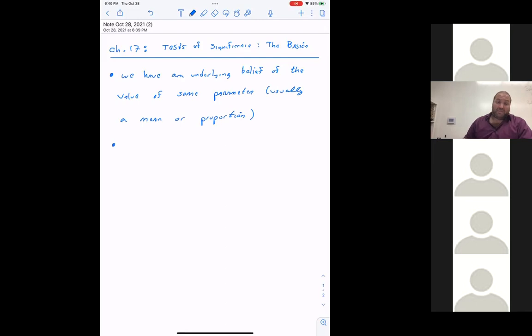That's step one. We have an underlying belief of the value of some parameter, and we decide to test to see whether that belief or an alternative is more likely to be true.